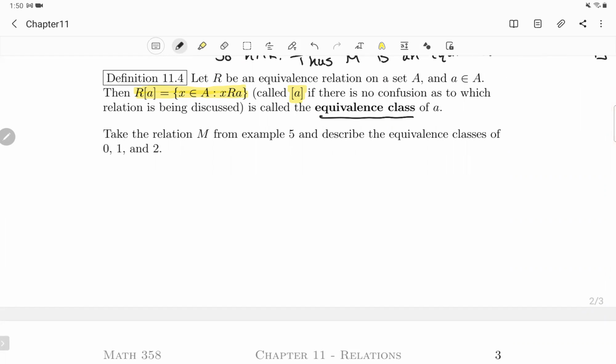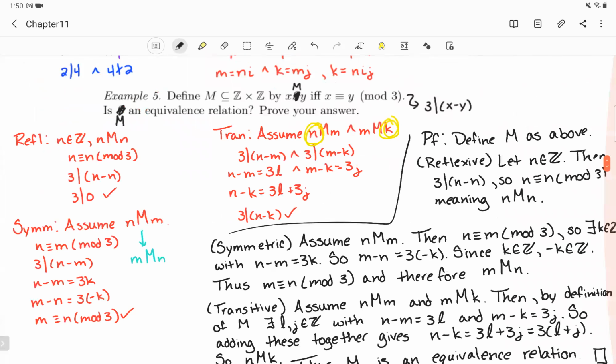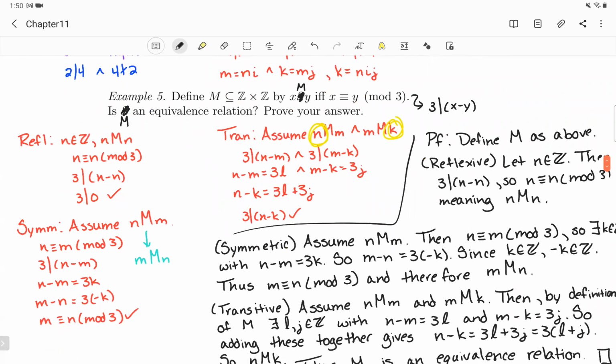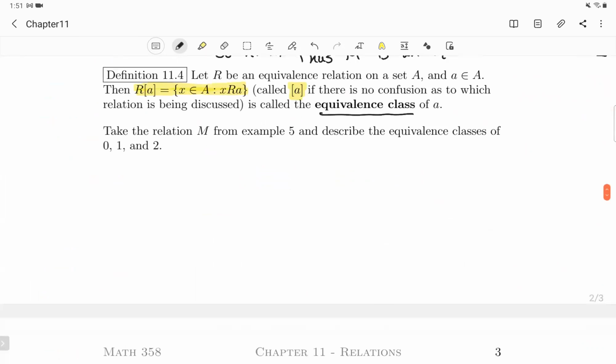So let's just take a second and see if we can understand what this is saying. All right. So it says take the relation M from example 5. Well, what was our relation M? M was the stuff that was the same modulo 3. So what are two numbers that are the same modulo 3?